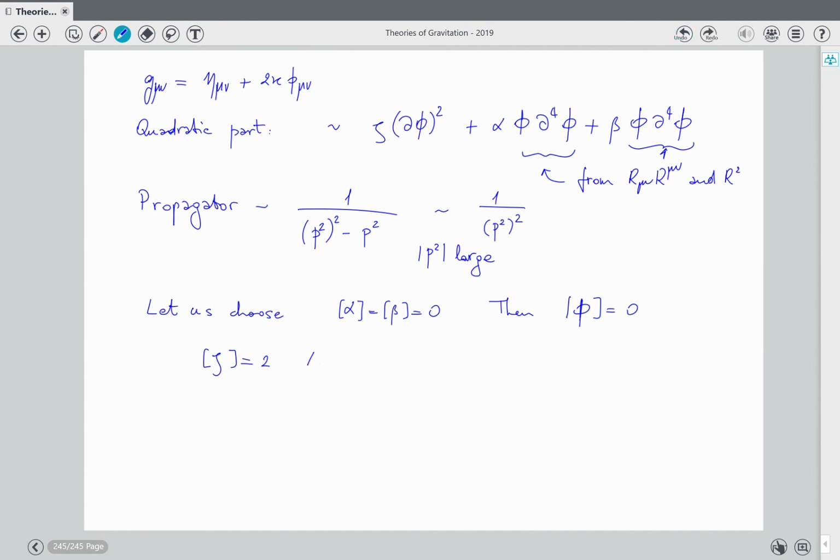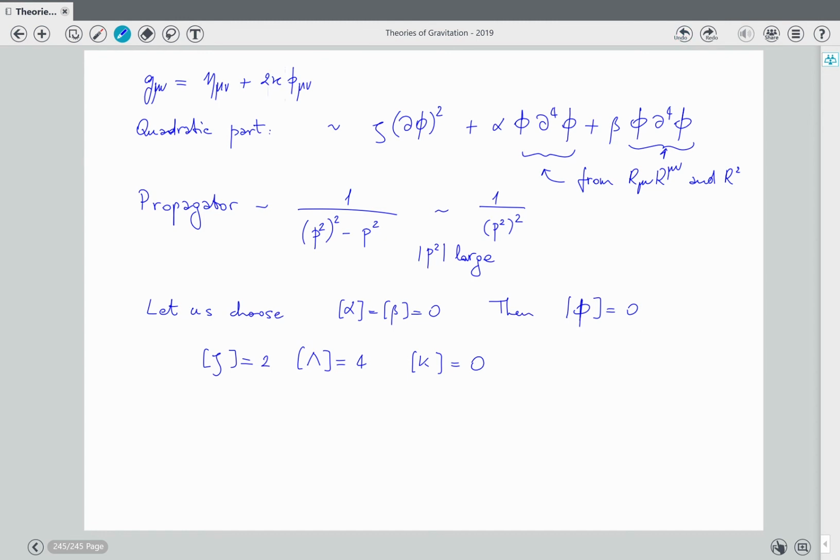Lambda has dimension 4. But what is important is that kappa has dimension 0, because kappa appears here. Now phi mu nu has dimension 0, kappa phi has to have dimension 0 because it has to be the same dimension as the one of eta mu nu.